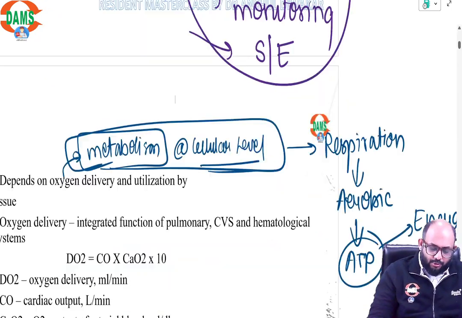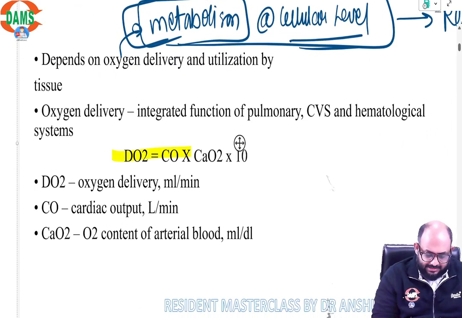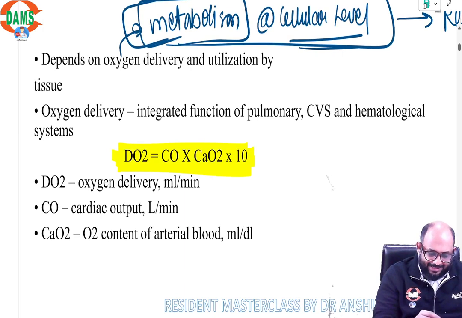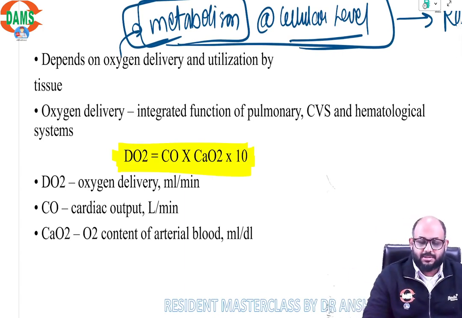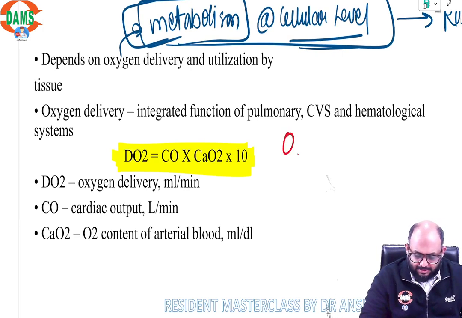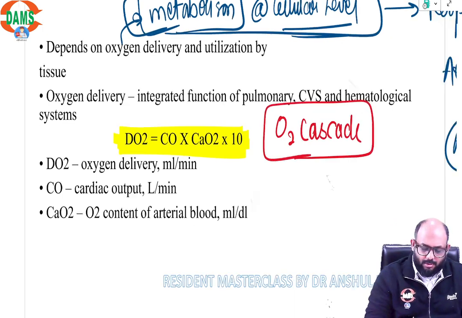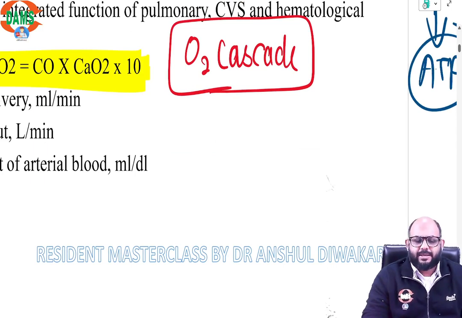All right. So before we go on to understand that, let's first understand oxygen delivery, because oxygen delivery will ultimately decide whether your patient is going to receive that oxygen or not. You have to first understand the concept of oxygen cascade. My anesthesia students know a lot about oxygen cascade because anesthetists are involved a lot in understanding the mechanics of oxygen.